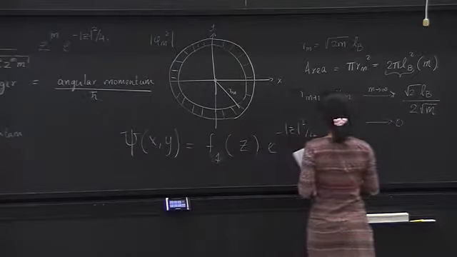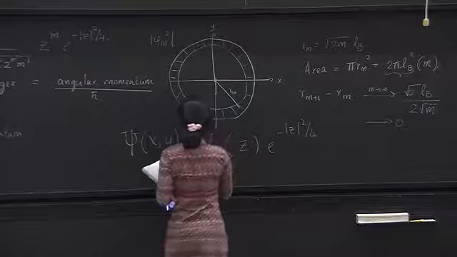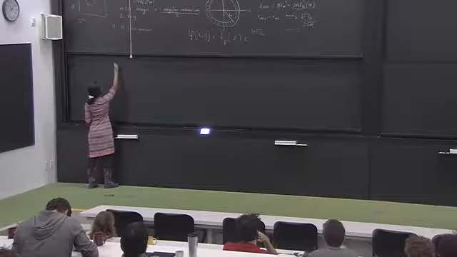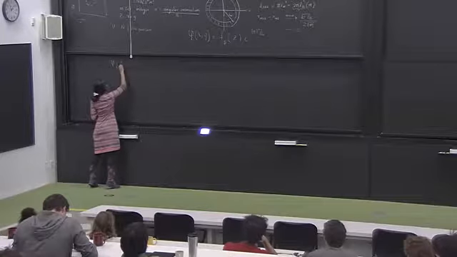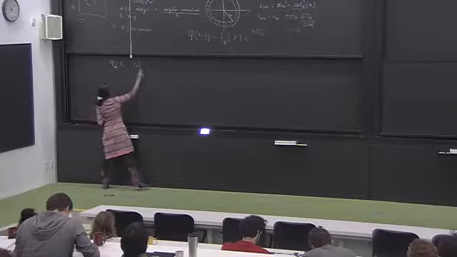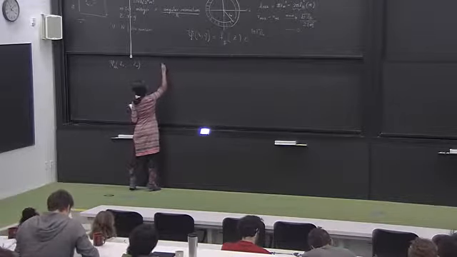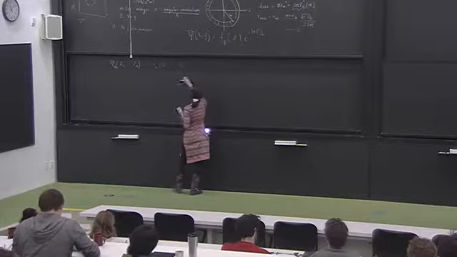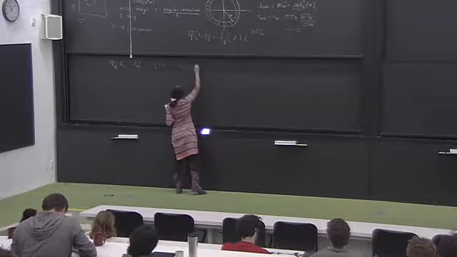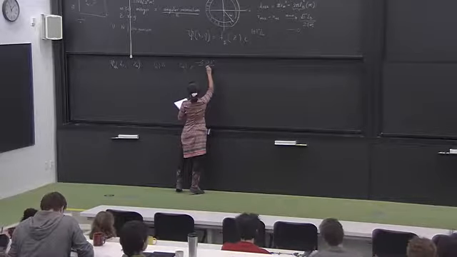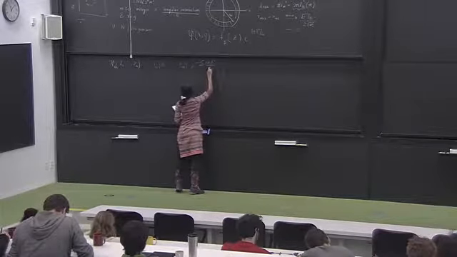And what this means for n electrons is that psi of z1 to zn, so it's now an n electron wave function, is some analytic, actually antisymmetric function of z1 to zn times the Gaussian factor, e to the minus the sum of |z_i|^2 over 4.